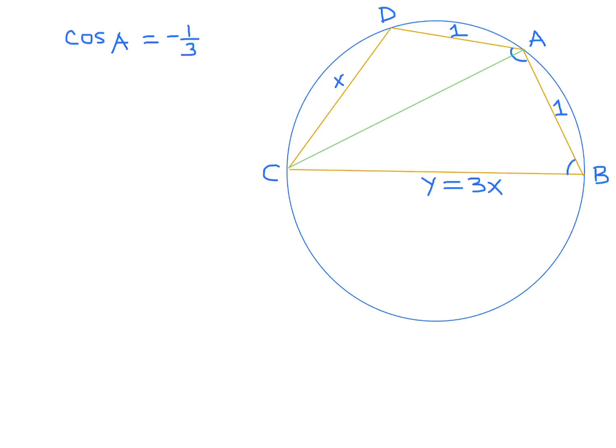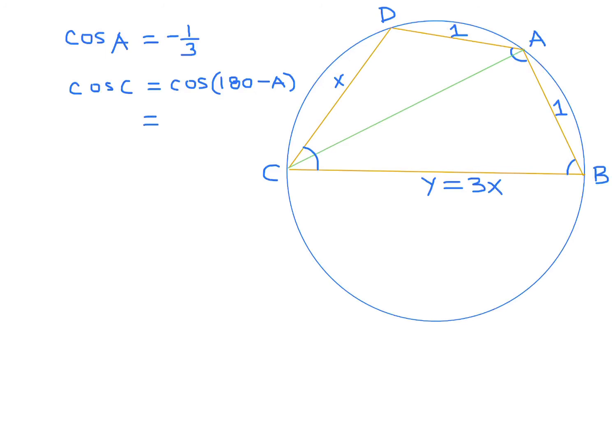Now, if that is true, cos of C we can figure out as well. Why? Because remember, it's a cyclic quadrilateral, so A and C, those angles, add up to 180. So basically, angle A is essentially 180 minus C, or angle C is 180 minus A. That's the fundamental property of the cyclic quadrilateral.